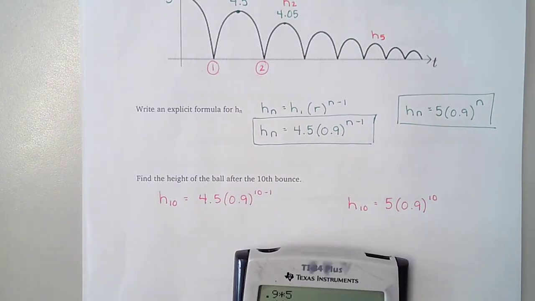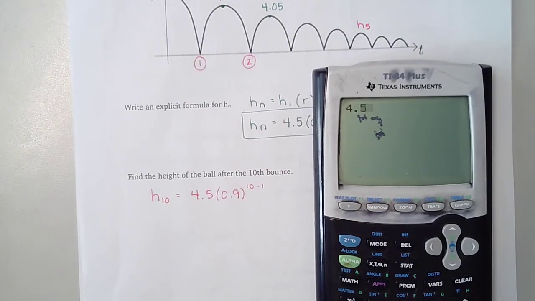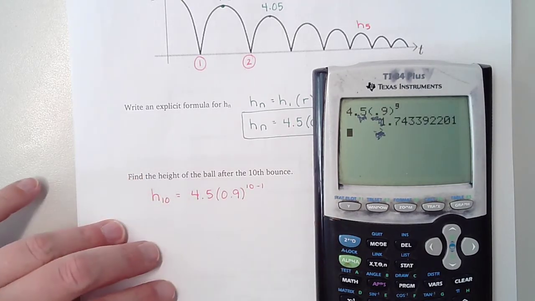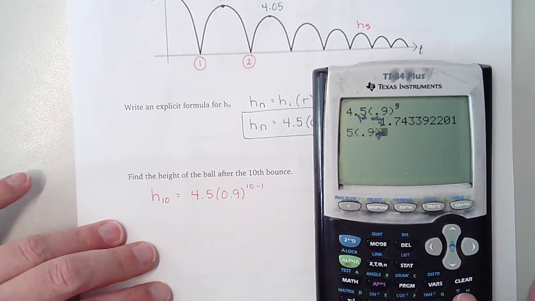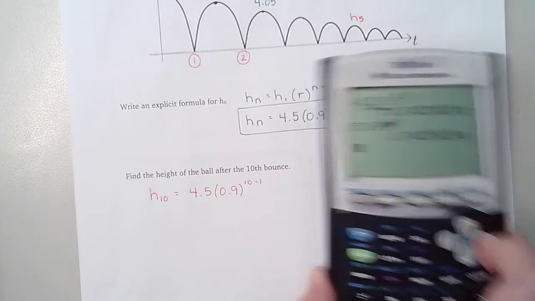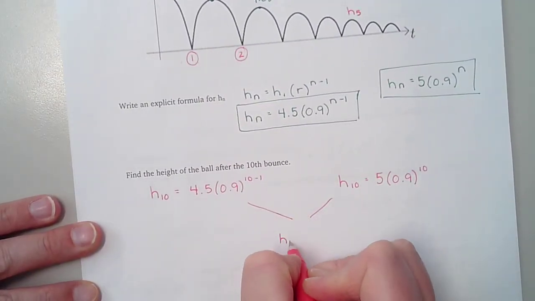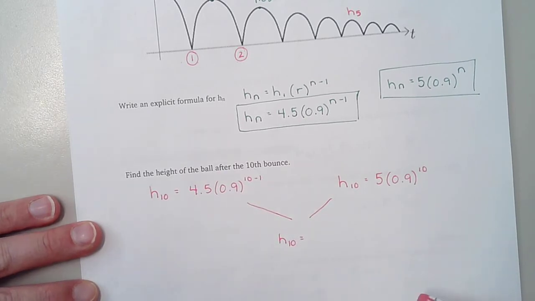Let's check both of these. 4.5 times 0.9 to the power of 10 minus 1, which is really just 9. Or we could do 5 times 0.9 to the power of 10. Either way, we're going to get that same value: h10 equals 1.74.